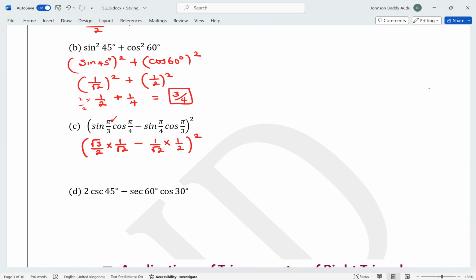So all of this we're going to square. And what do we have here? This is just going to be root 3 minus 1. Am I correct? Over what? Oh, not 4. Over 2 root 2. All square.